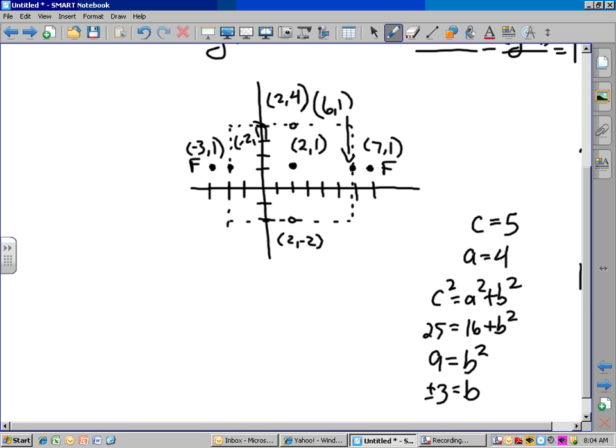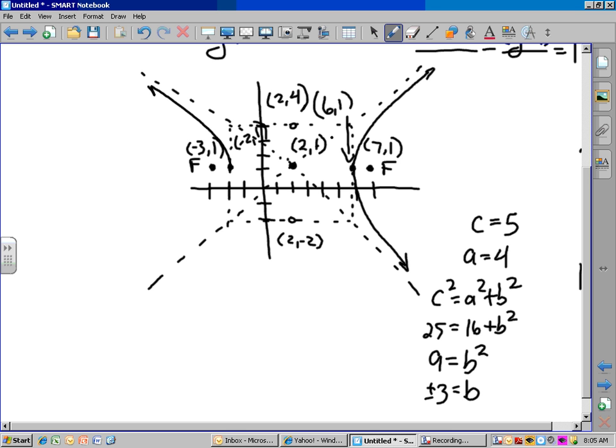All right, so asymptote from the center out through the corners of the rectangle. Oops, that's not the corner. Draw the hyperbola getting closer and closer and closer to its asymptotes, but never touching. We got away from the question at hand.